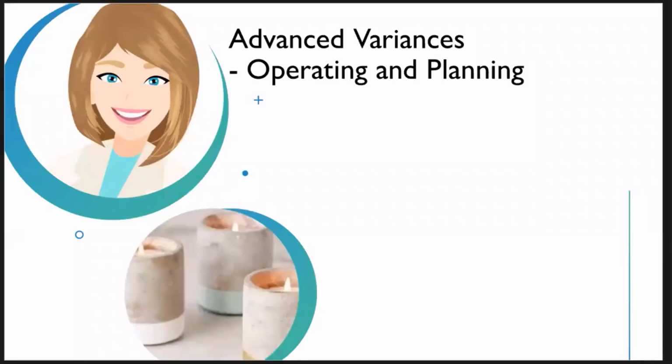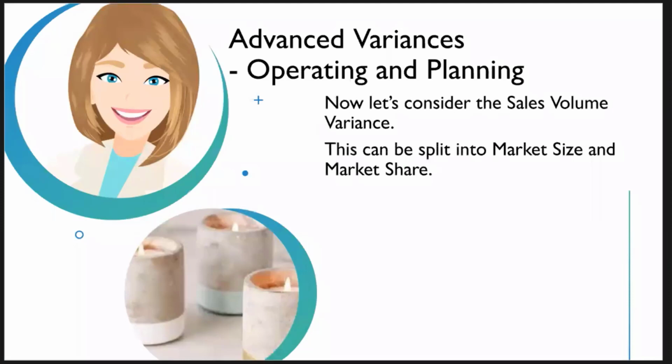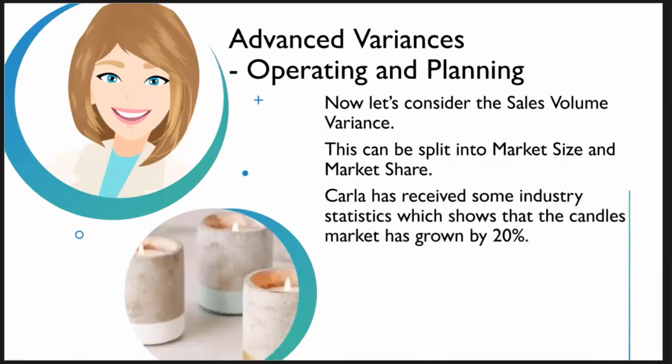Let's now look at operating and planning variances, and particularly the sales volume variance, splitting that. The sales volume variance can be split into market size and market share. Now, Carla has received some industry statistics. It shows that a candles market has grown by 20%.